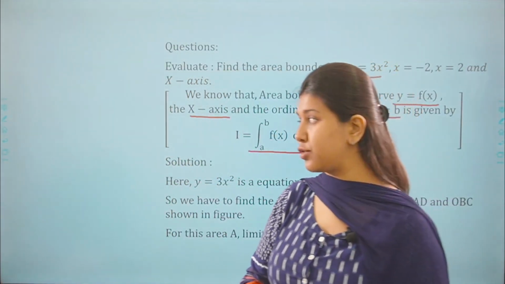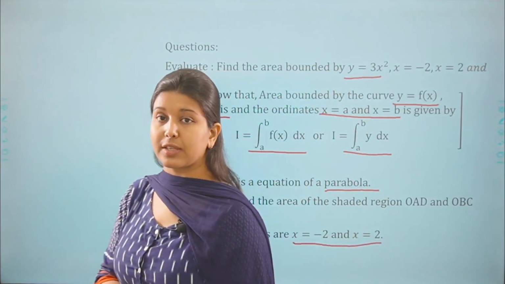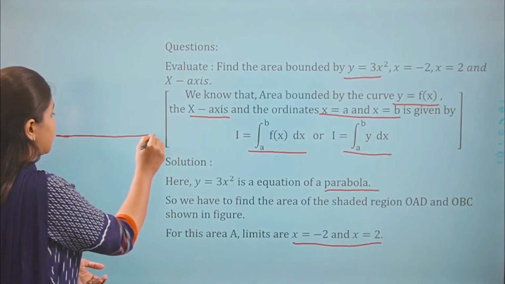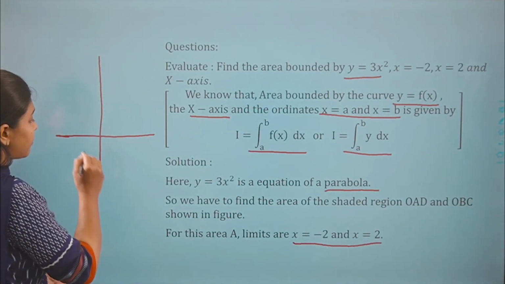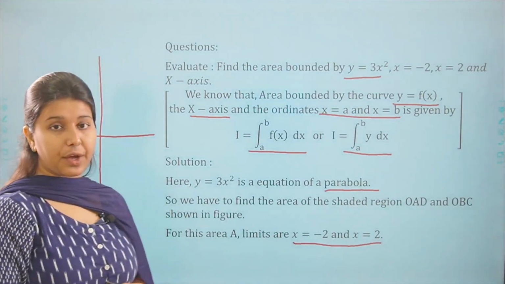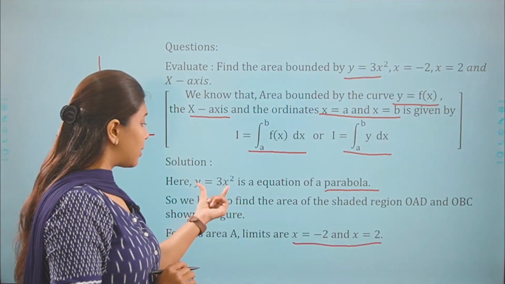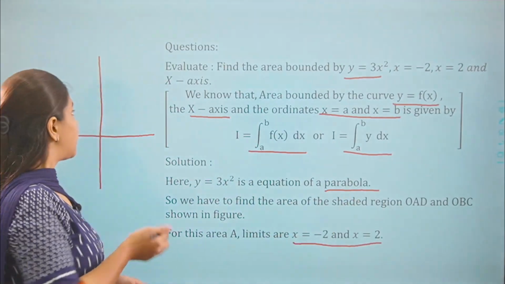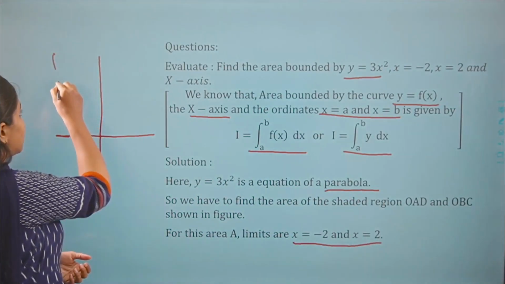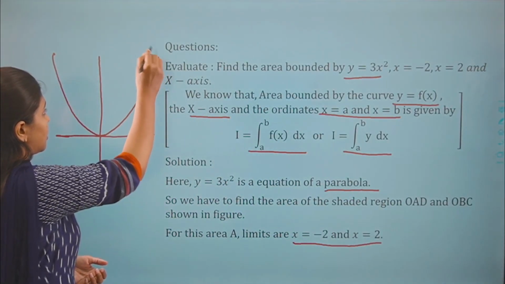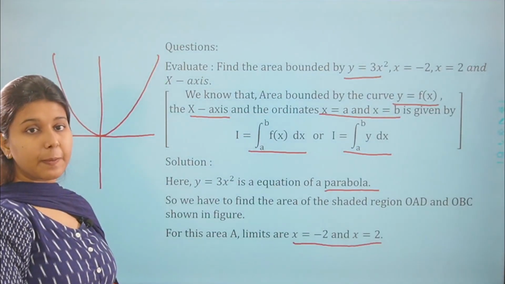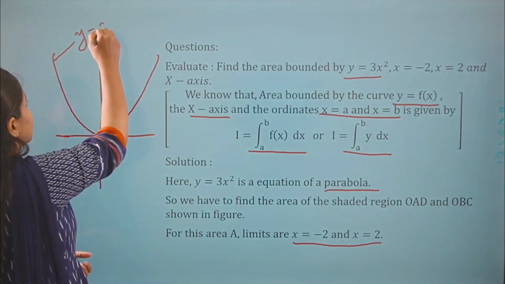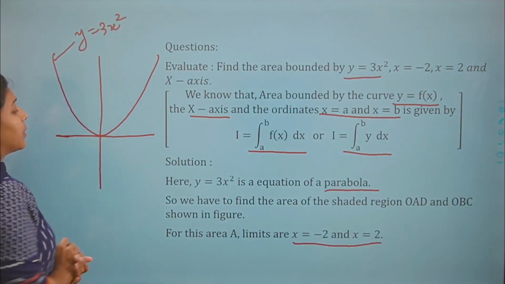For that, if we are using graph, now your function y is equals to 3x square is nothing but parabola, and you know that parabola is like this. This is y is equals to 3x square.